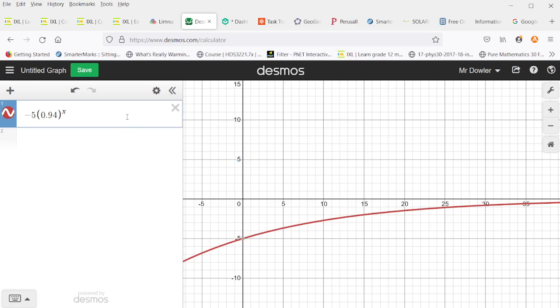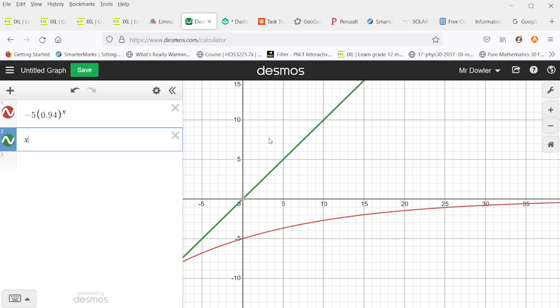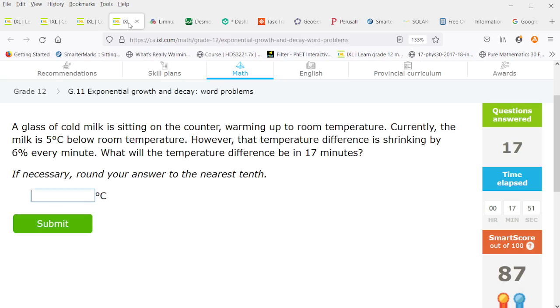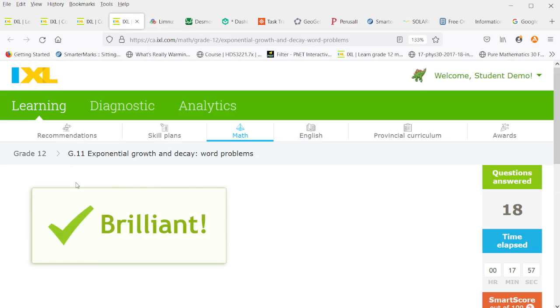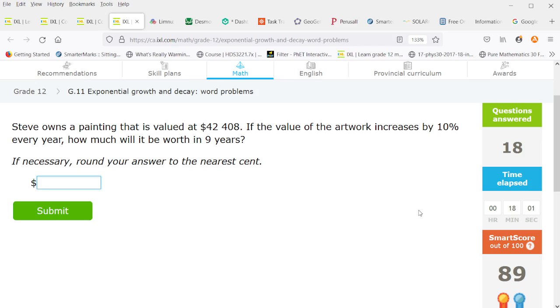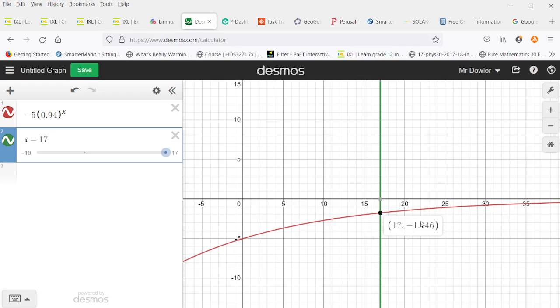So this is the one we are looking for, and we want the value when x equals 17, so we'll just set up. So it is now 1.746 degrees away. So 1.7 degrees from room temperature. So that one is a little bit tricky in the initial setup, because we needed to make sure that we were approaching room temperature as a horizontal asymptote.